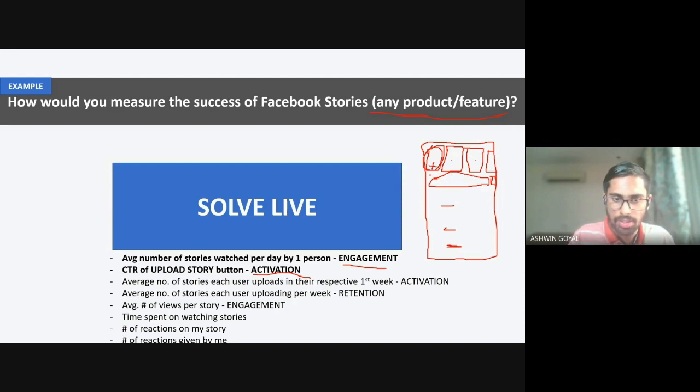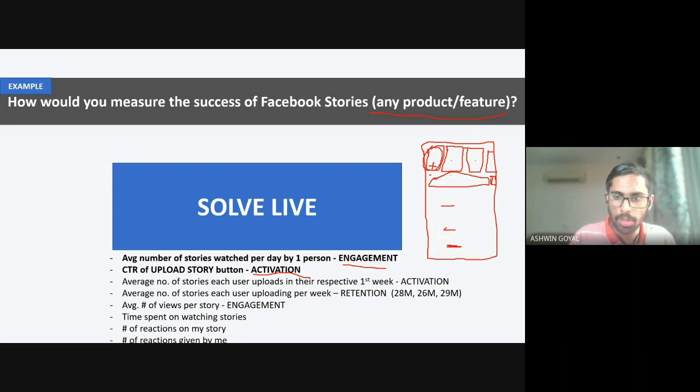Right? So let's say this number was 28 million at one time in the first week. Next week it decreased to 26 million, and next week it increased to 29 million.